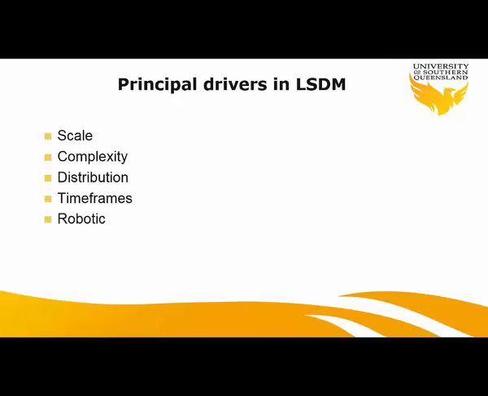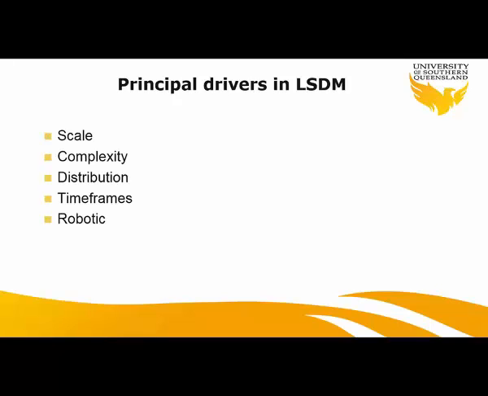Distribution. Basically, distribution comes from the fact that manufacturers mostly outsource components, like many of the components of the Airbus or any aircraft will be manufactured in different parts of the world. So it's very important that we make sure that all the parts have consistent accuracy. We're also looking at shorter time frames.